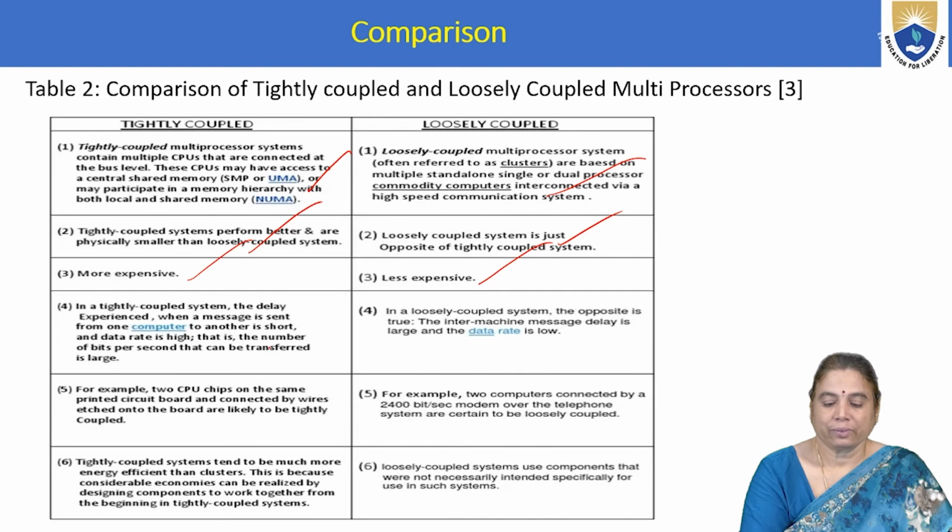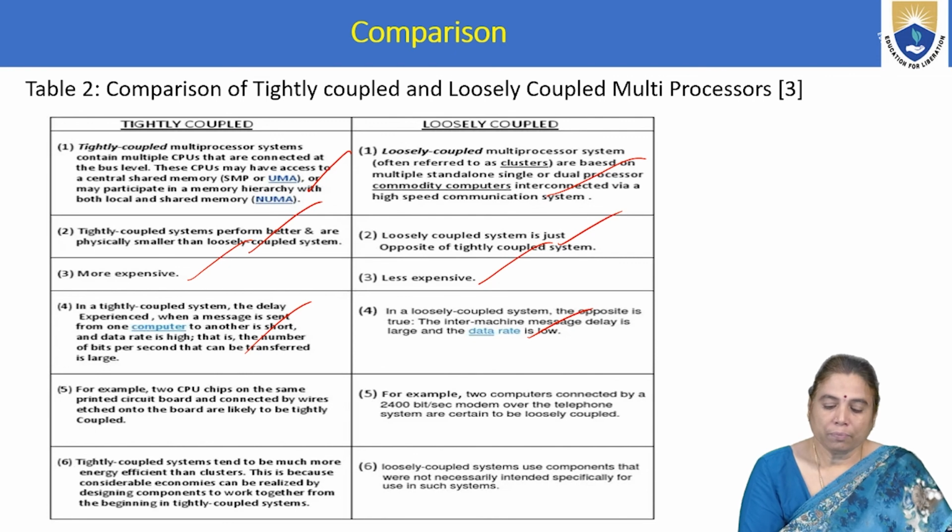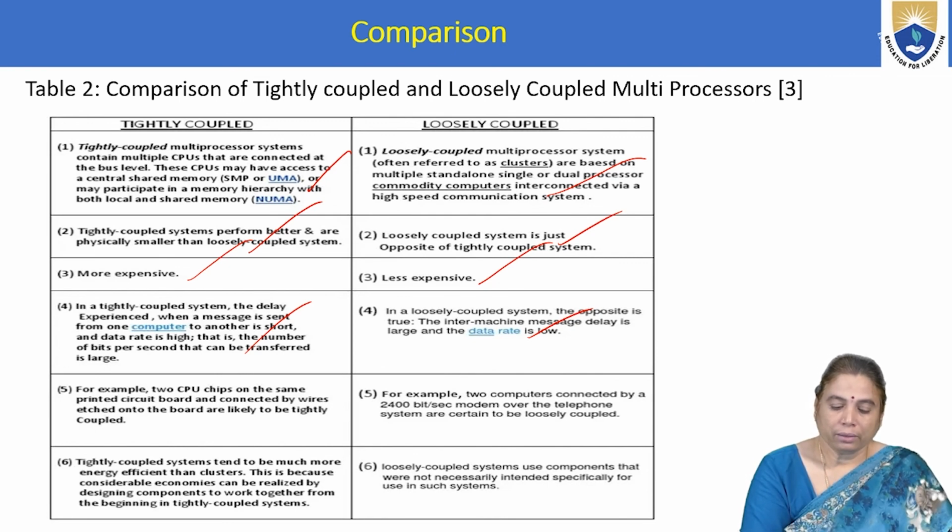Because message sending and acknowledgement take time. In loosely coupled systems, the interactions have to be delayed for long due to the slow data rates. And in the tightly coupled system, the multiple CPUs are connected to a printed circuit board, so that they can share the same memory.